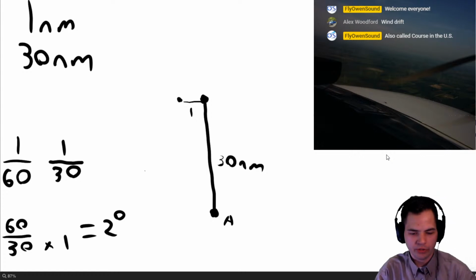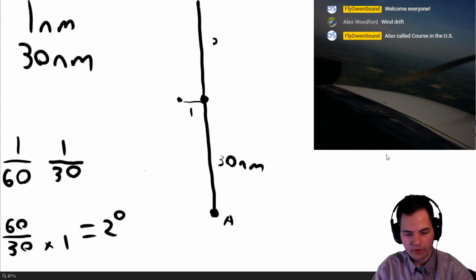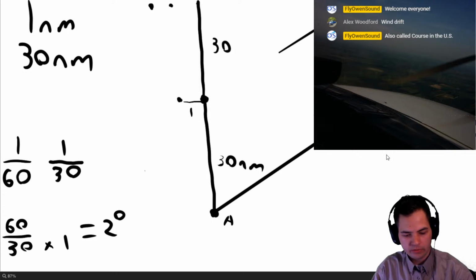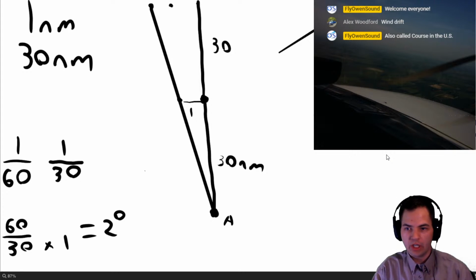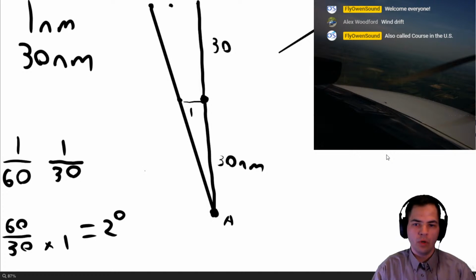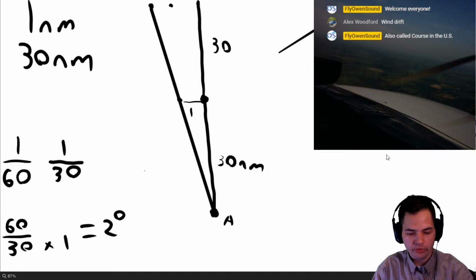If I keep on going, now I add another 30 miles. I'm not going to be 1 mile off track. I'm going to be 2 miles off track, out over here. After 60 total miles traveled, 1 in 60, that's going to be 2 degrees.